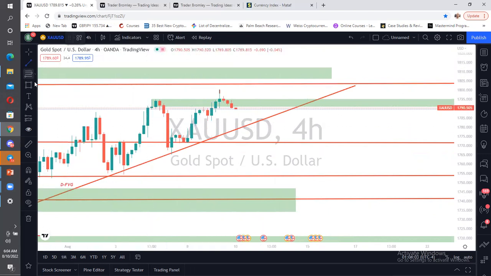So we want to see this market come down to that particular level here, and possibly do a little manipulation before it finds its way to the upside.